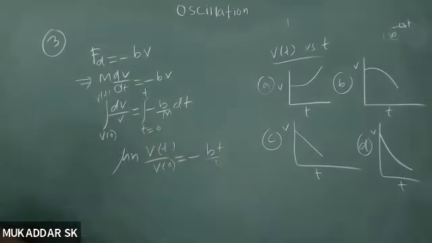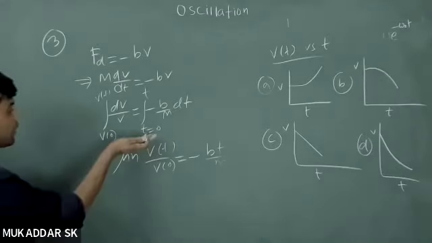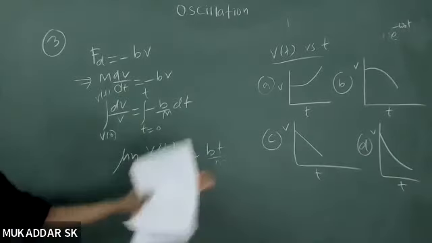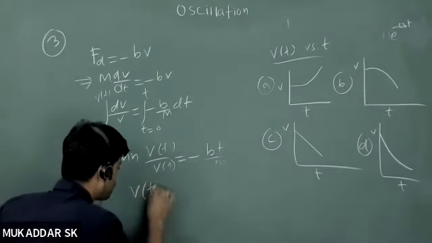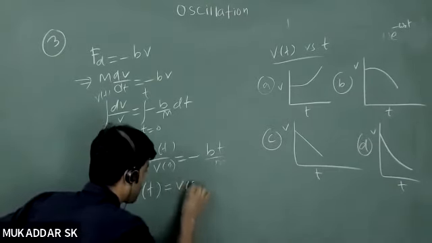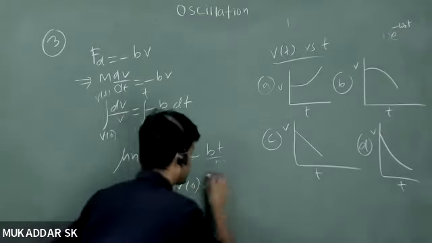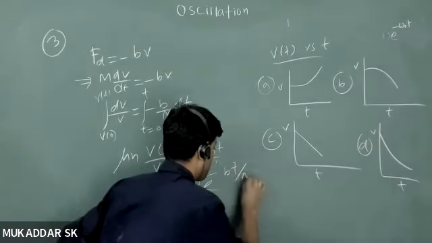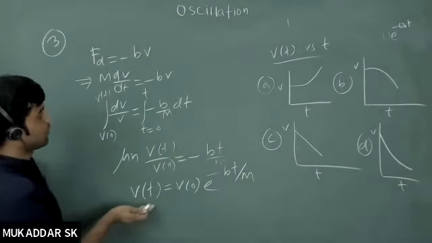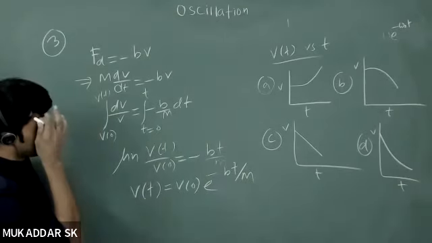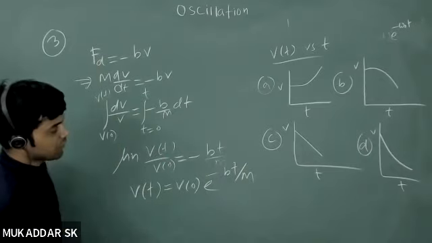No constant will be there, because you have already substituted the limits, so no need to consider any constant here. So it means v_t equals v naught exponential of minus b t by m. So the velocity of your particle, due to the presence of damping force, will decay exponentially.